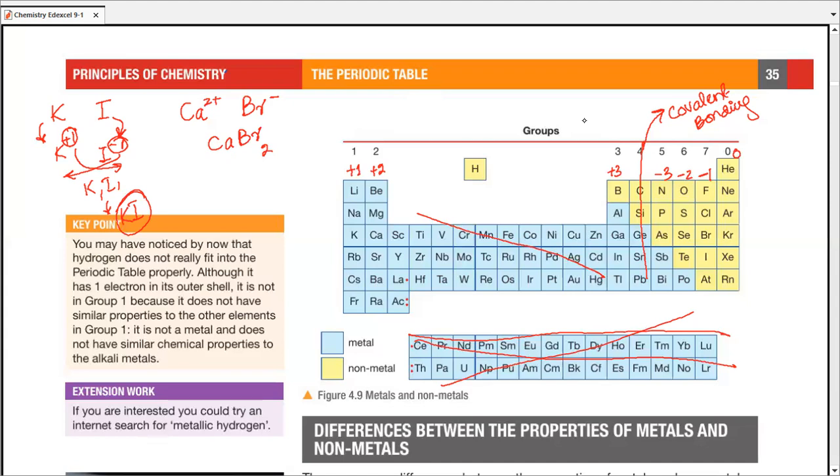We'll move on. At this time it's going to be Ba and N, barium and nitrogen.